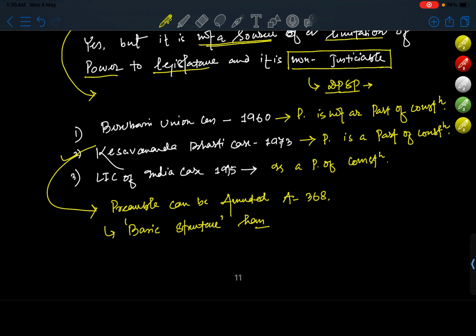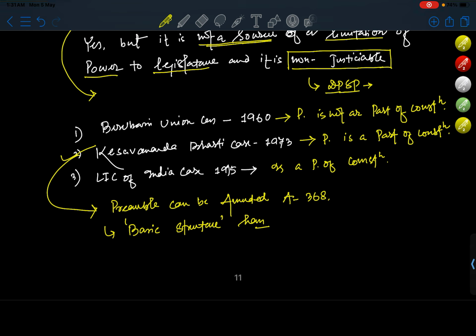So the Supreme Court told that the preamble can be altered, changed, or anything you can do, but you cannot change the basic structure. The Supreme Court gave, or invented, a new thing called basic structure. Without changing the basic structure, you can alter, change, edit, whatever you want.